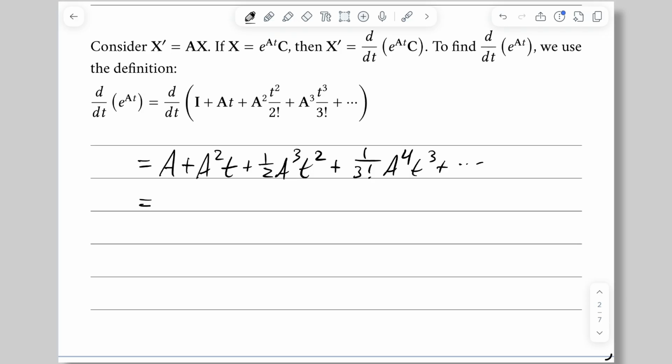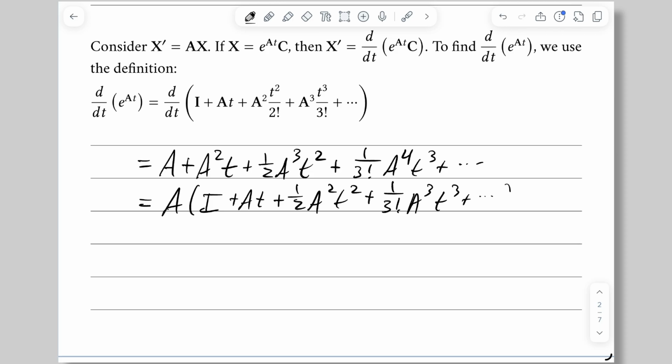Well, folks, every term has a factor of A in it, and if we factor that out, we end up with A times the quantity of I plus At plus 1/2 A squared t squared plus 1 over 3 factorial A cubed t cubed, and so on. Well, that's A e to the At. Yeah, the chain rule works exactly in the same way for the matrix exponential as it does for exponential functions.